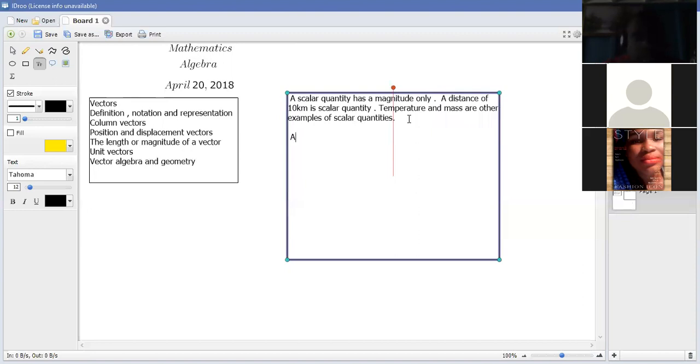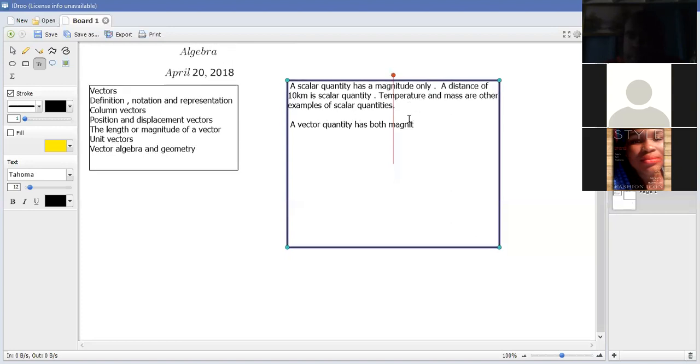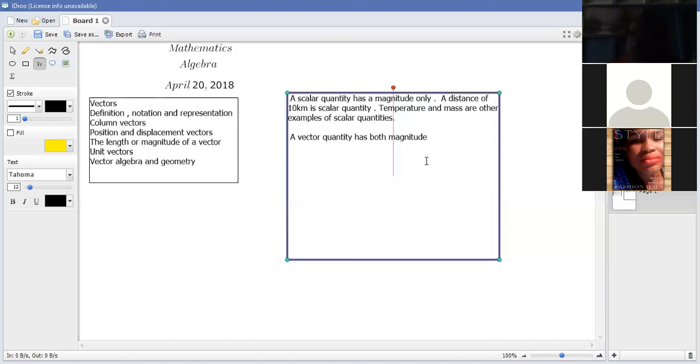Now, another form of quantity is the vector quantity. And note these quantities are things that are measurable. A vector quantity has both magnitude and direction.